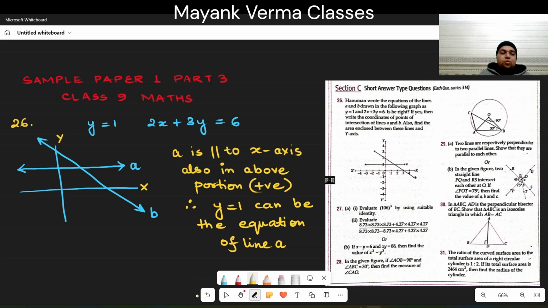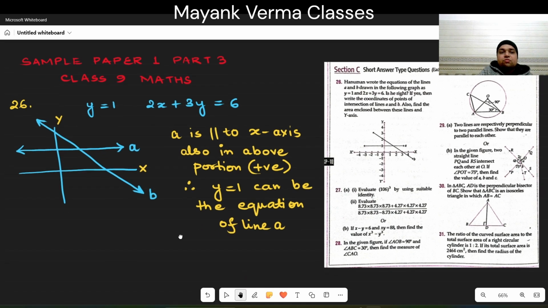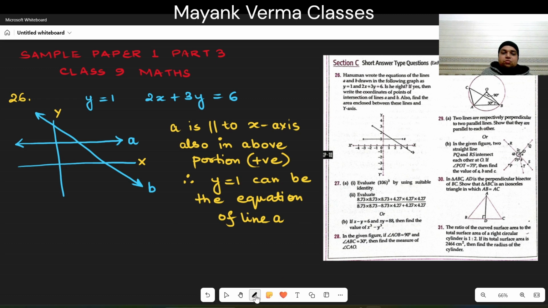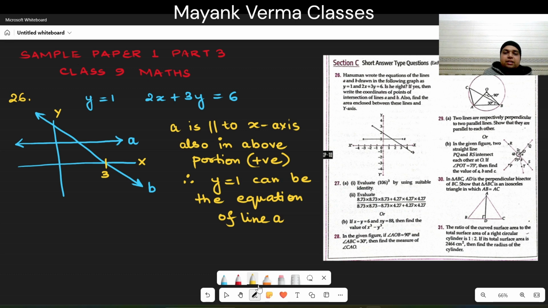Now let's see the equation for line B. In this question, if we see carefully, two points are also given. This point is 3, this point is 2, and this is 1.